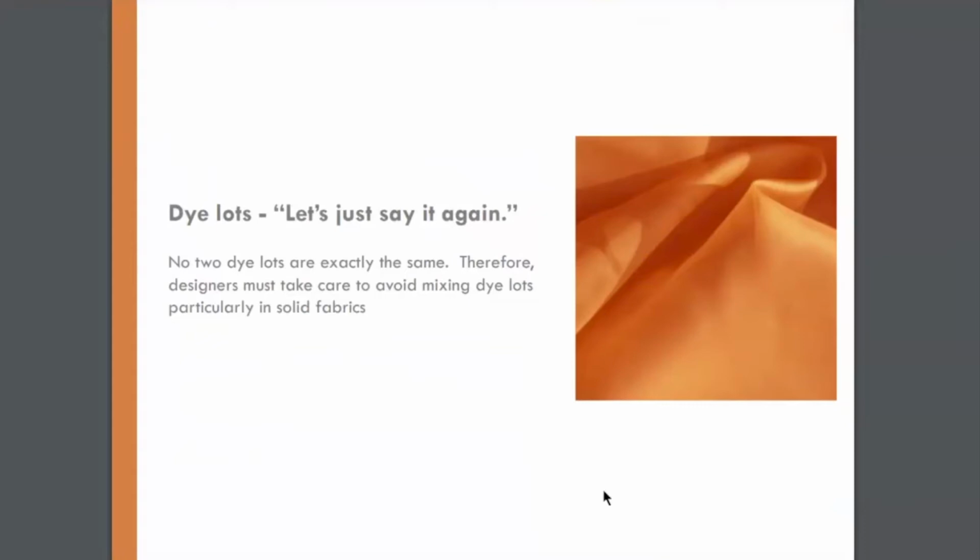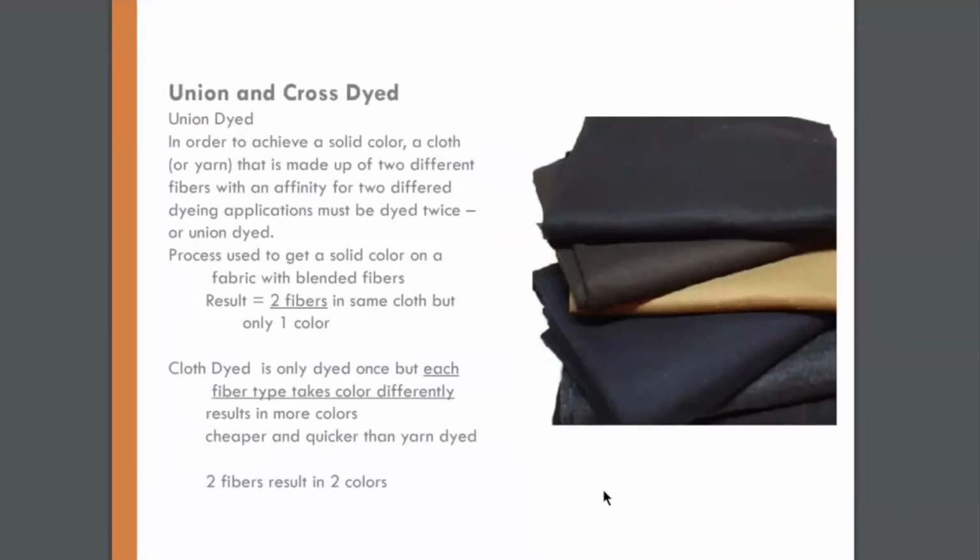Therefore, designers must take great care to avoid mixing dye lots, particularly in solid color fabrics. I say it again, when we're in class together and working more with textiles, we can see over and over again that the exact same fabric from Kravet, same color, is slightly off. So the difference between union and cross dye.